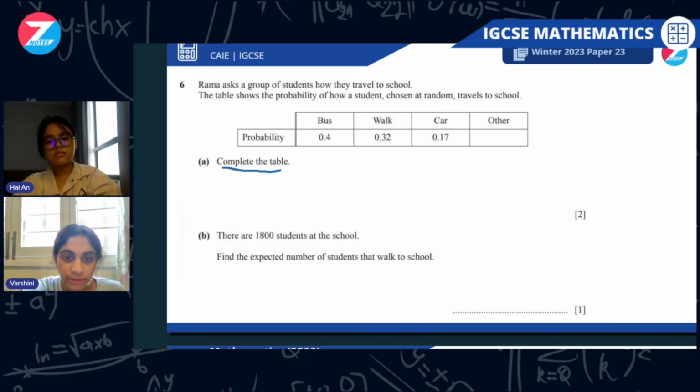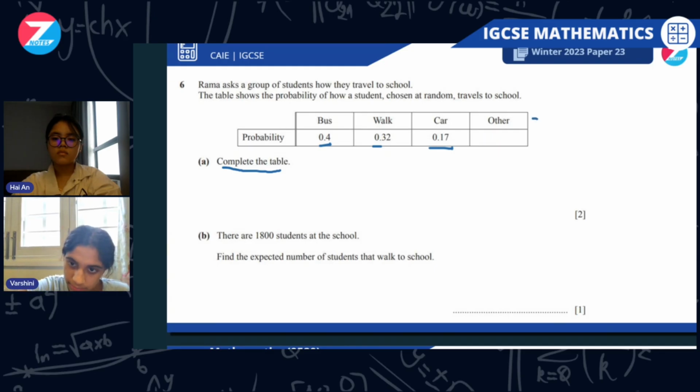So we know that for a set of things, the total probability is going to have to be 1. So that means the total is 1. That means 0.4 plus 0.32 plus 0.17 plus x, let's keep this x for now, is going to equal 1.